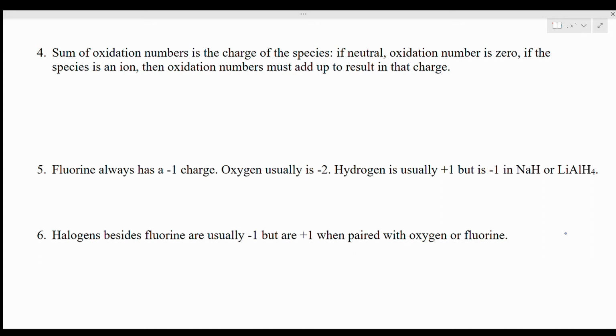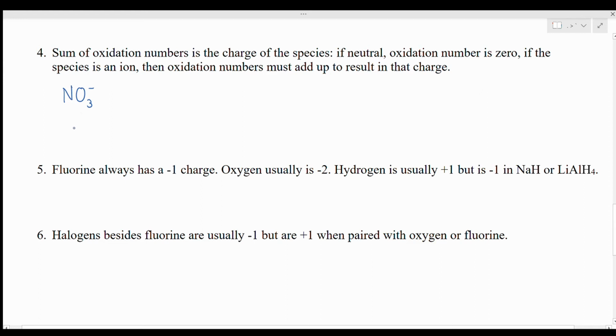If the species is an ion, then oxidation numbers must add up to result in that charge. If, for example, we were given NO3-, this minus here tells us that the entire compound has a -1 charge. So if we follow our rules, then we know that oxygen here is going to have a -2 charge.